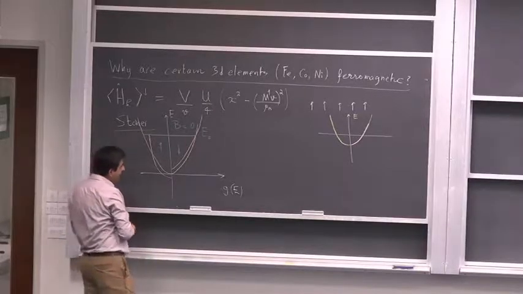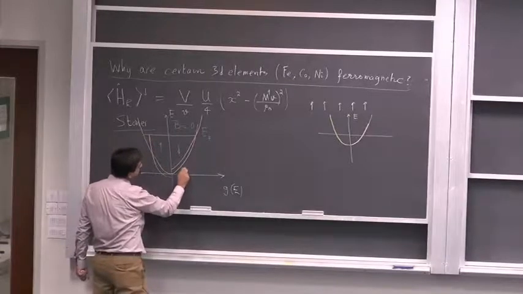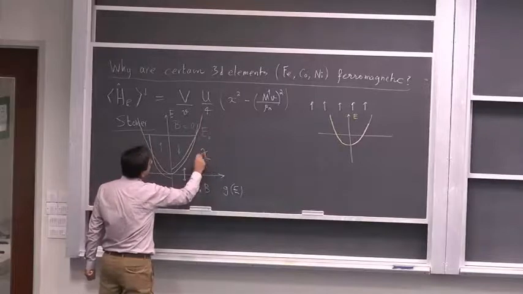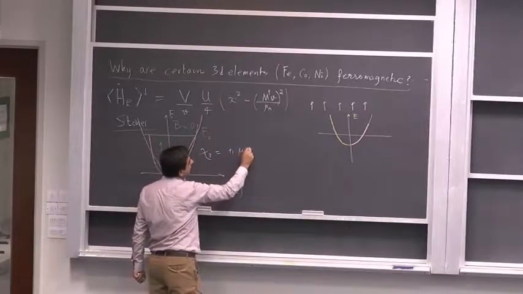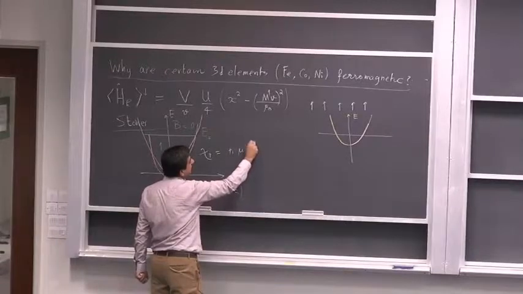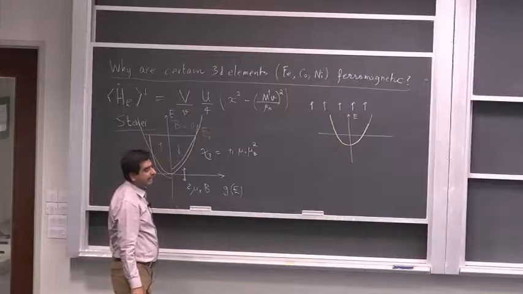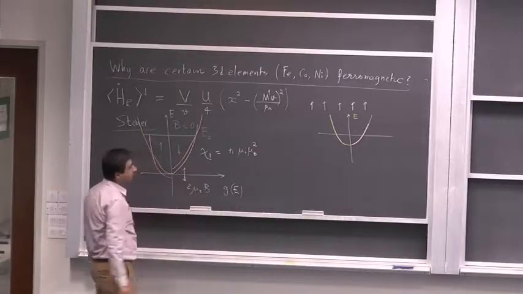But this requires the presence of an external magnetic field. The splitting between these levels is of course 2 mu B B. And we also calculated the Pauli paramagnetism as N mu naught mu B squared. Alright? So this is something we've already seen.